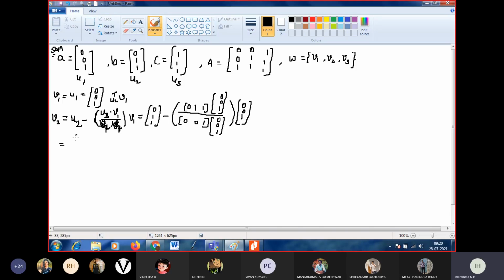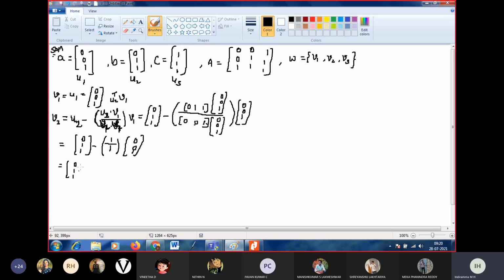So which is equal to U2, which is 0, 1, 1, right as it is. Minus. Here you simplify this: 0 into 0, 0 into 0, 1 into 1, so we got 1 in the numerator. Divide by 1, into the column matrix 0, 0, 1. So 1 by 1 is 1.